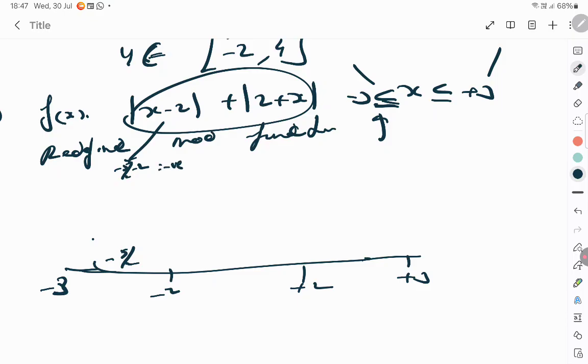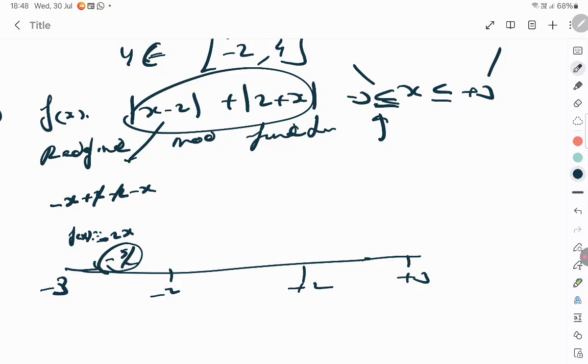Ignore the mod and put the x value. 2 minus 5 by 2 is again negative. Both of them are negative. So the formula will become minus x plus 2 minus 2 minus x, which is minus 2x. The function has been redefined now. You substituted the example and got the answer: my f of x is redefined as minus 2x.